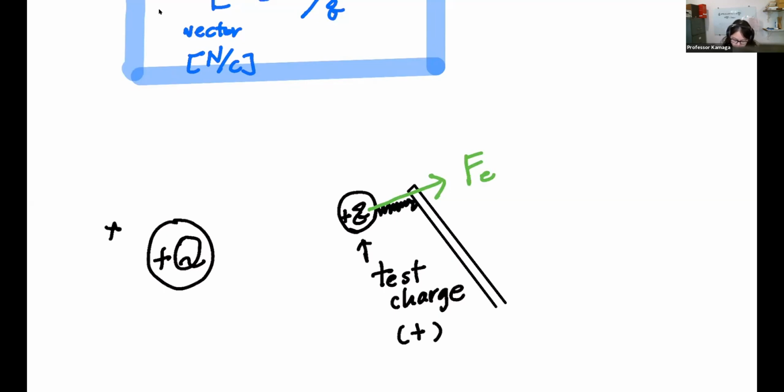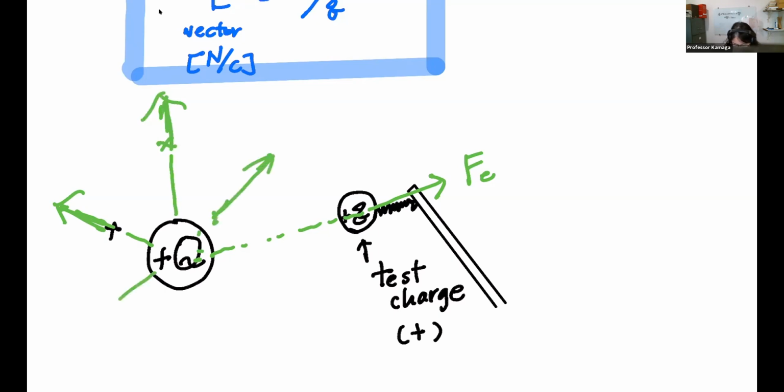The force will be stronger. And again, the force is always going to be along the extension of the line between the two charges. So it's going to be like this, away from each other, bigger. If I bring it here, it's going to be over here, like this.